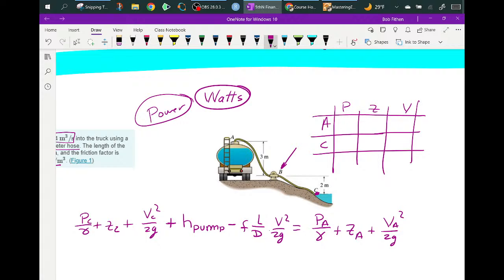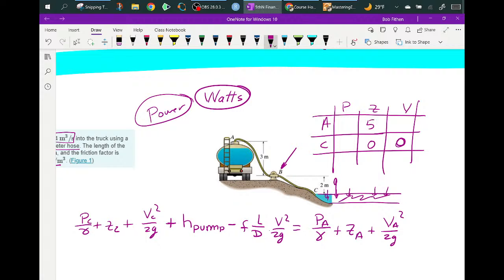At C, this is a big long reservoir. I'm going to assume this is a very large bunch of water compared to the diameter of that pipe, so you're not going to be drawing that surface down that much. It will be shrinking, but not that much. For elevation, I'm going to assume my datum starts there.